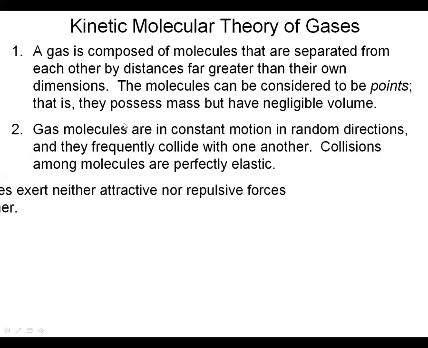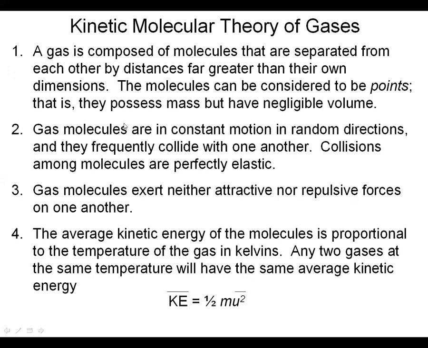So let's talk about the kinetic molecular theory of gases and some of the main parts here. And again, you should know these main parts. The gas is composed of separate molecules that are separated by far distances between them. One of the things that makes something an ideal gas is the first thing listed here.